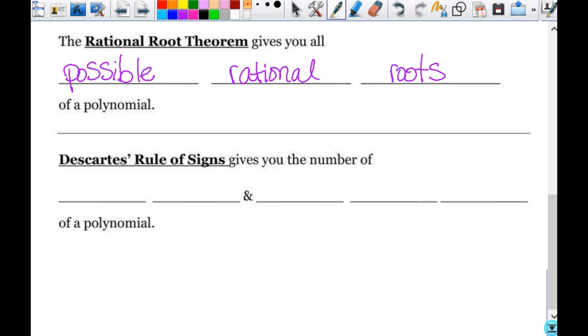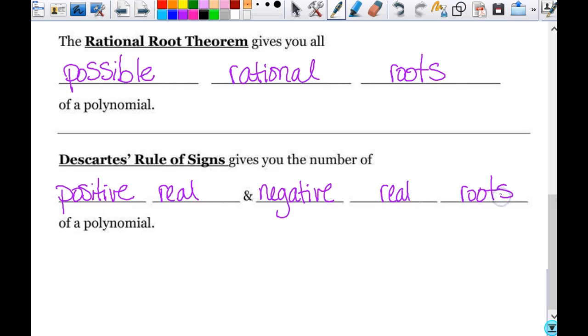And then Descartes' rule of signs gives you the number of positive real and negative real roots of a polynomial. Two very key differences here.